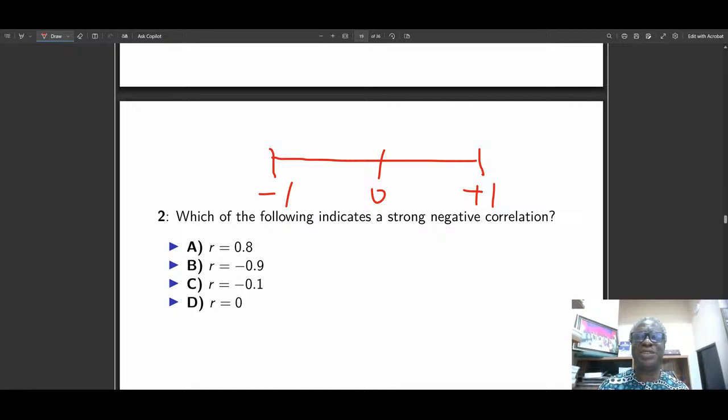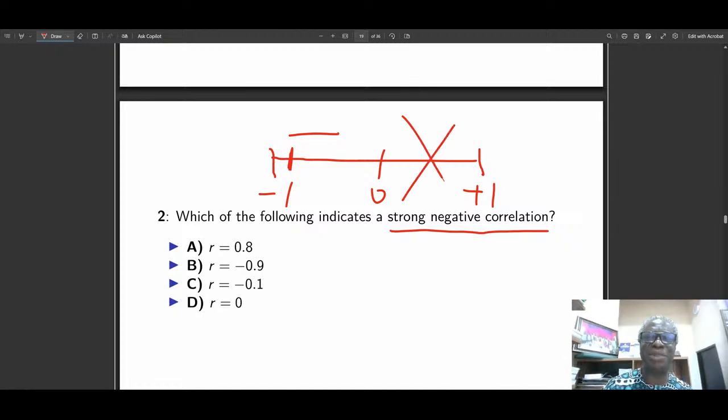We are talking of strong negative correlation. So you will be expecting something that is here, because it's negative. On this side, anything close to -1 will be strong. But if you are choosing value close to 0, that is weak.